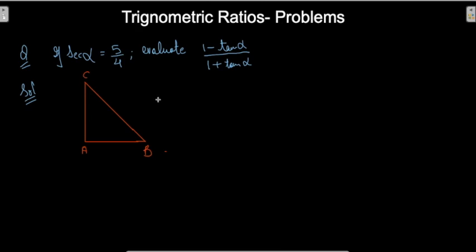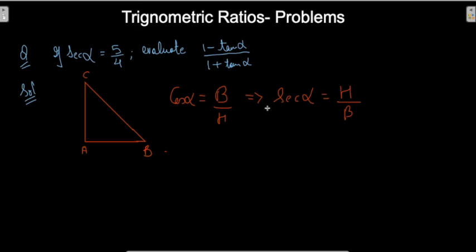Now, what is secant alpha? Secant alpha is nothing but 1 over cos alpha. But what is cos alpha in terms of ratios? cos alpha is equal to base over hypotenuse, which makes secant of alpha hypotenuse over base.